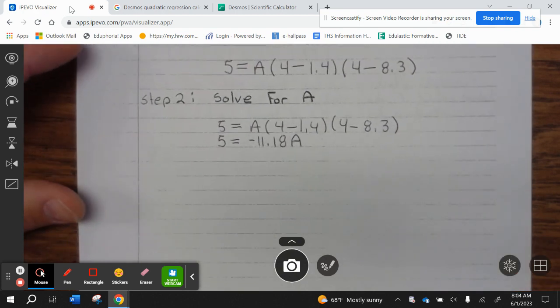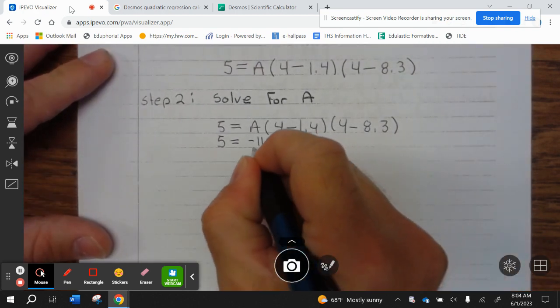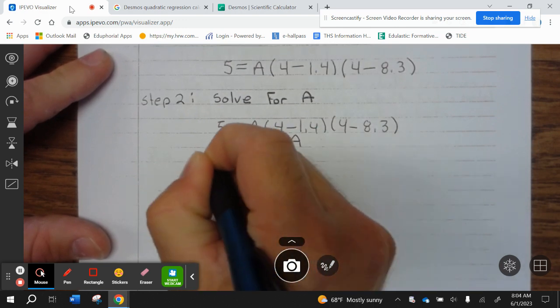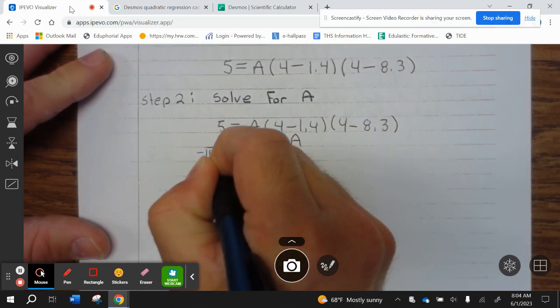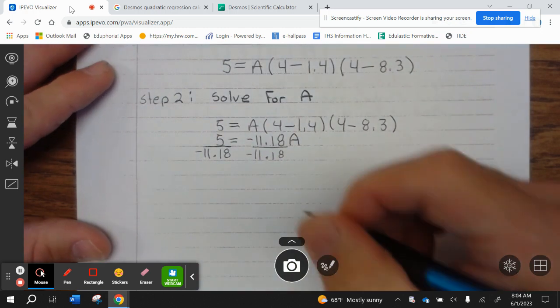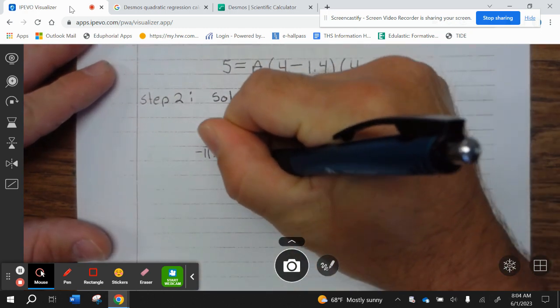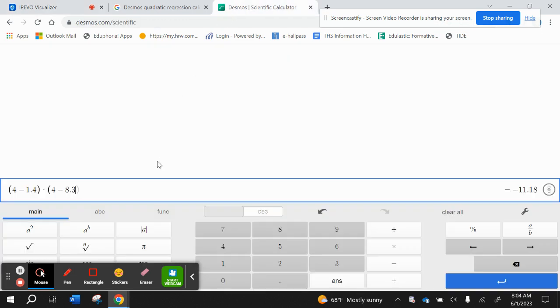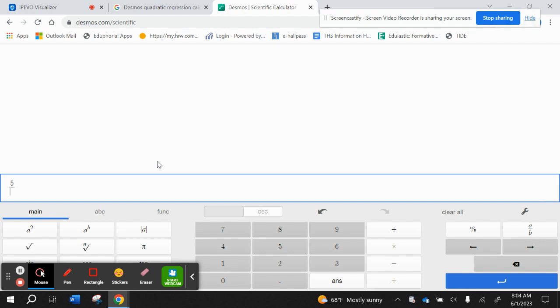And then the last step is we're going to divide by negative 11.18. So a equals, let's use our calculator, 5 divided by negative 11.18.